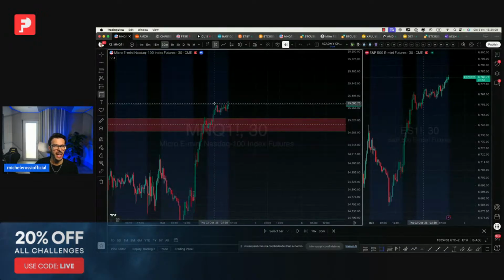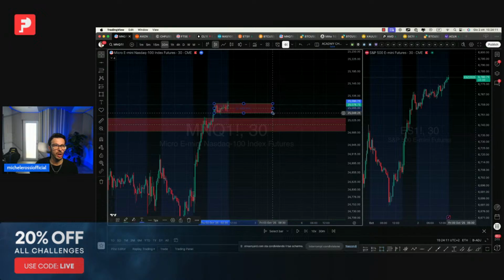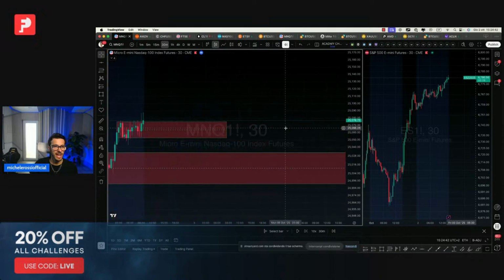So if I am bullish on Nasdaq, and this is micro Nasdaq, E-mini Nasdaq, and I see a huge move on the upside, then I see an accumulation, then another step up during the night Asia session, then I see another consolidation. I usually go with what I call a box, which is nothing more than a support and a resistance.